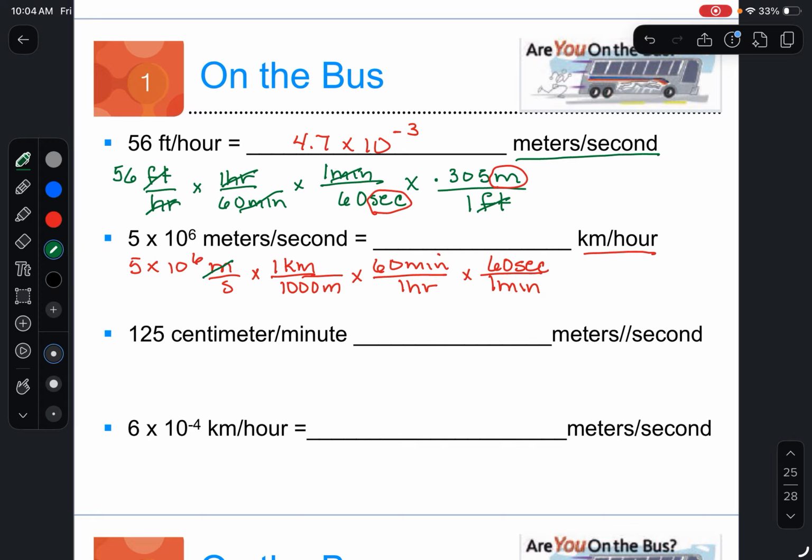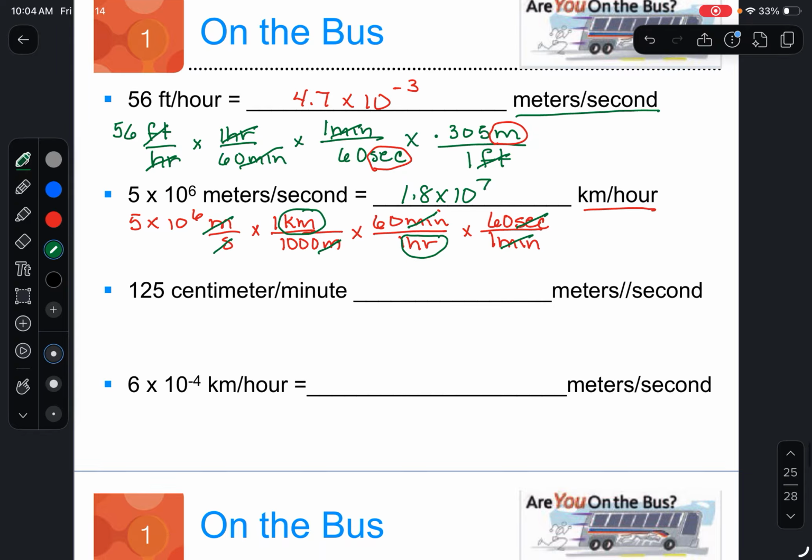So we see our meters canceling, we see our seconds canceling, and we see our minutes canceling. So the units we're left with on top are kilometers, on the bottom is hours, and that's what we're asked for. So that's going to be 1.8 times 10 to the 7th kilometers per hour.